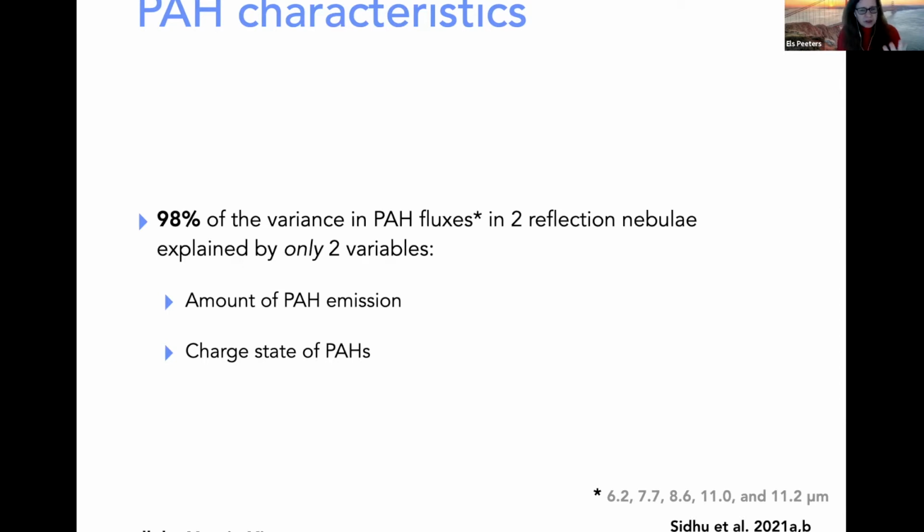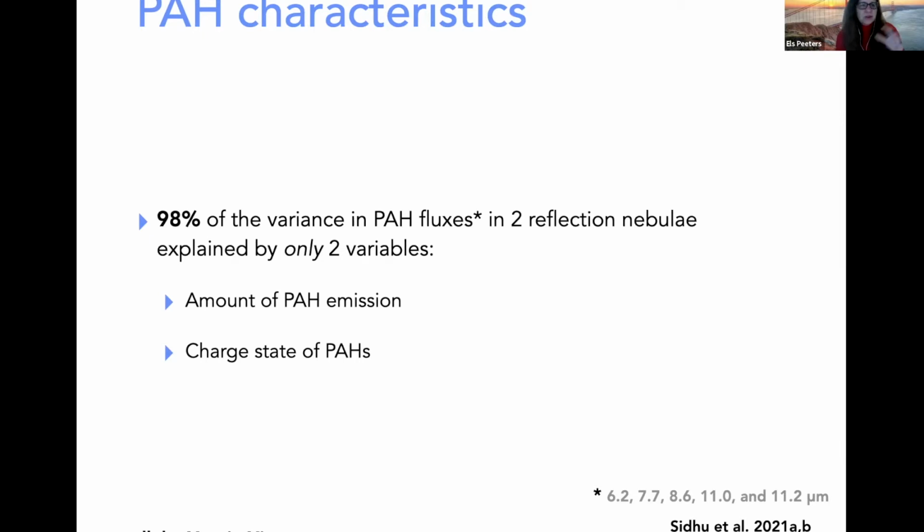But here locally, it's the amount of PAH emission. And the second parameter, as I already mentioned, is the charge state. But the amazing thing here is that a total of 98% of that variance can be explained by only those two parameters.